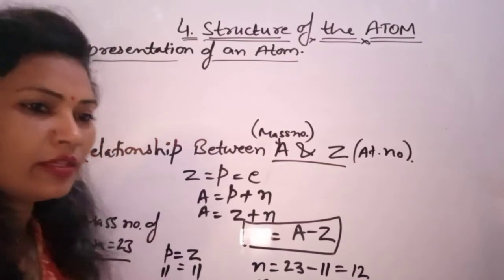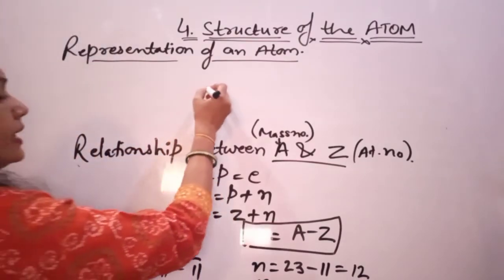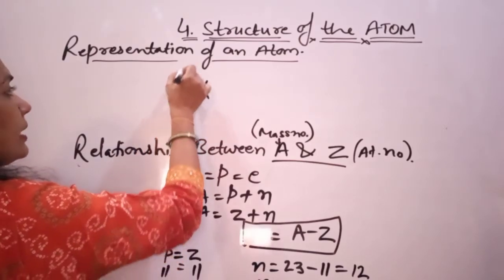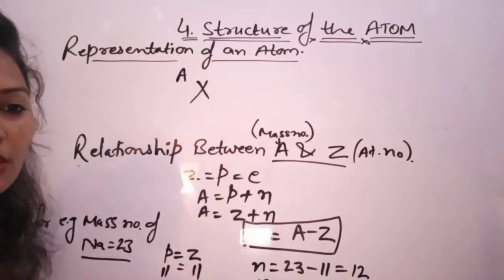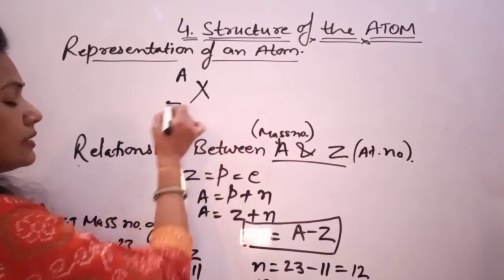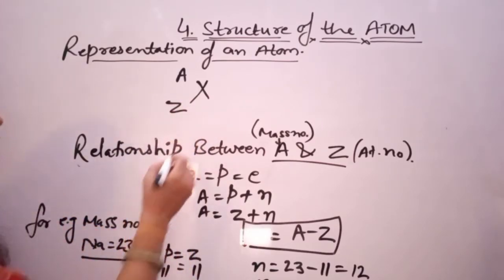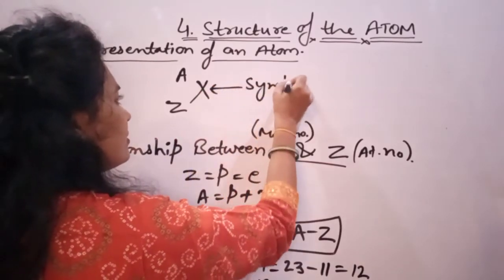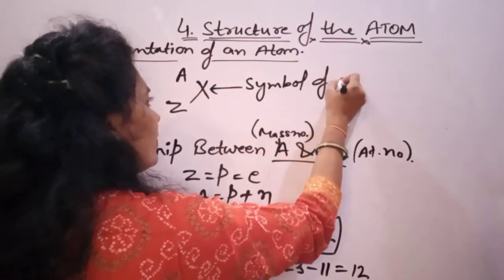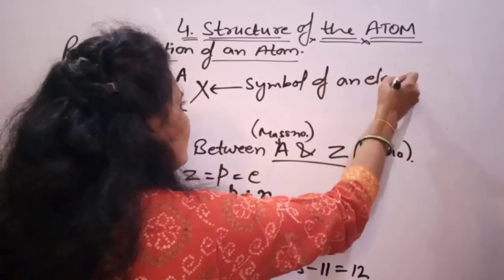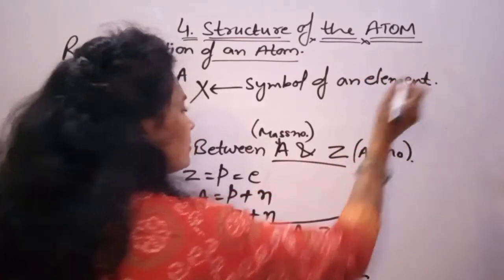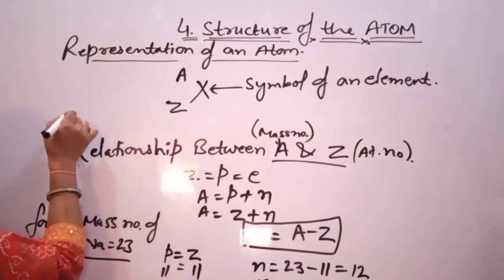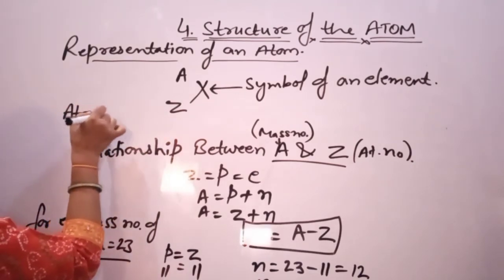That is correct. So you can write that X is an element, A is the mass number, and Z is the atomic number. So this is the symbol of an element, and this is the atomic number.